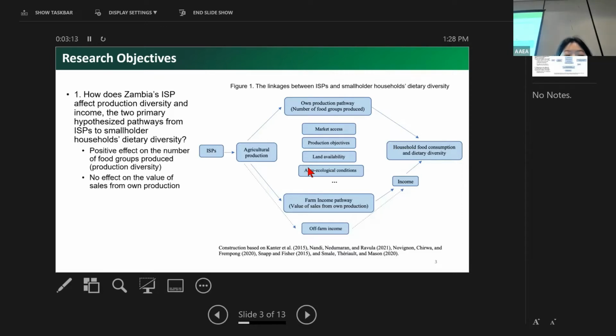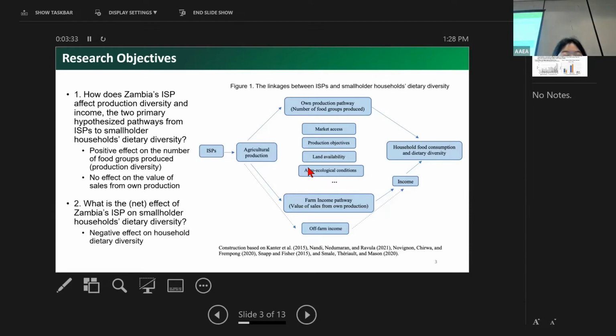So focusing on the case of Zambia, we try to answer the question, how does Zambia's input subsidy program affect production diversity and farm income? We found that it had a positive effect on production diversity, but it had no effect on the farm income part.